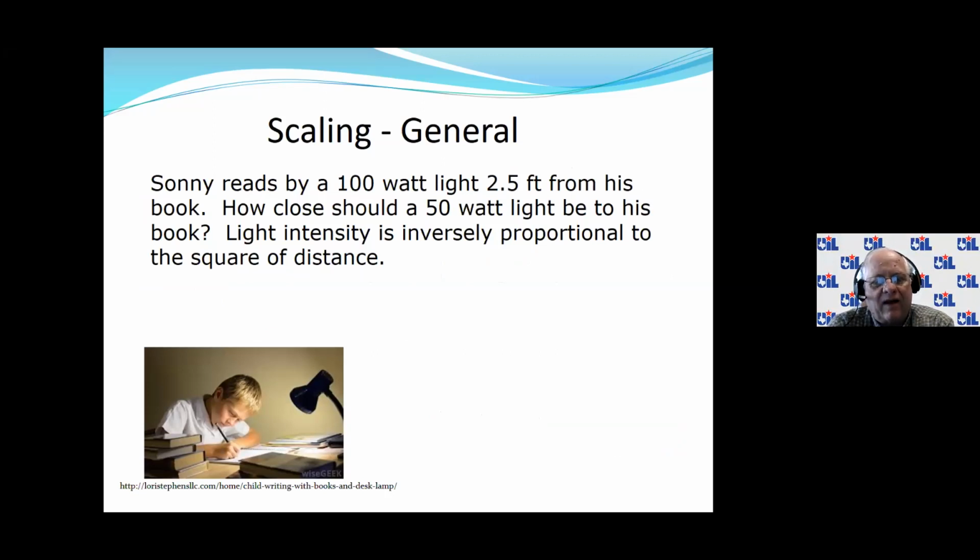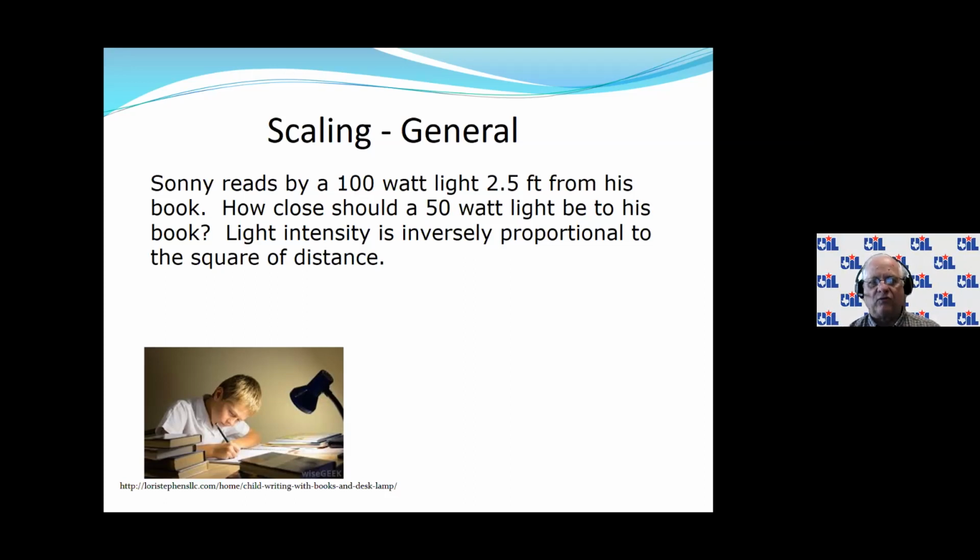Then I acknowledge the reality that light intensity is inversely proportional to the square of the distance, because I could imagine that the intensity of the light has to be spread over a sphere of diameter d, where d is the distance from the light bulb.